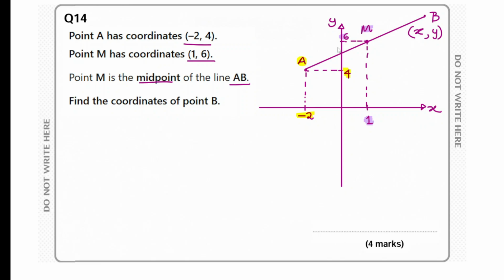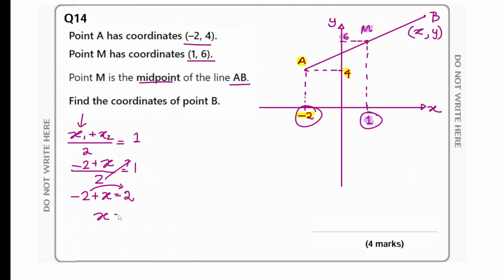So x1 add x2 divided by 2 gives you the x coordinate of the midpoint. Now what's the x coordinate here? The x coordinate is 1. I already know x1, point A, the x coordinate is -2. So let's substitute -2 here. And the value of x is equal to 4.